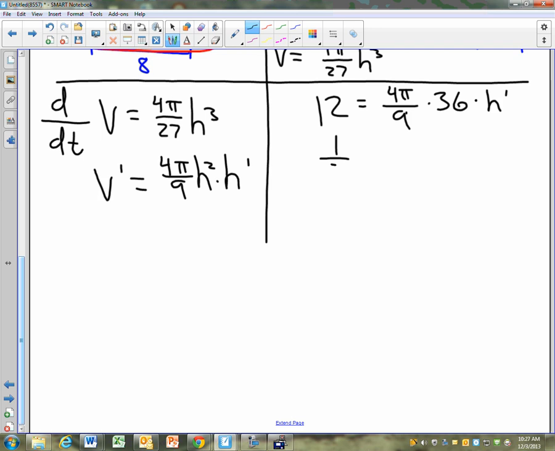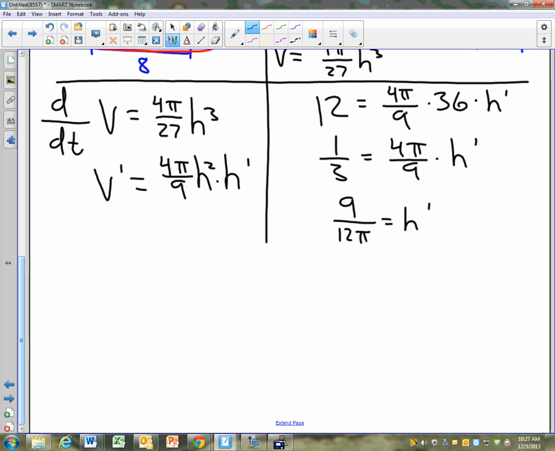We get 1 over 3. If you want to convert it to a decimal at any point here, that's absolutely fine. Now I'm going to multiply by the reciprocal. So 9 over 12 pi is equal to h prime.